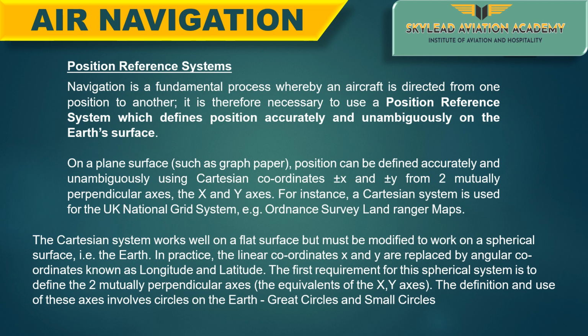For example, on a plane surface, position can be defined accurately using Cartesian coordinates x and y from two mutually perpendicular axes, the x and y axis. For instance, a Cartesian system is used for the UK national grid system.